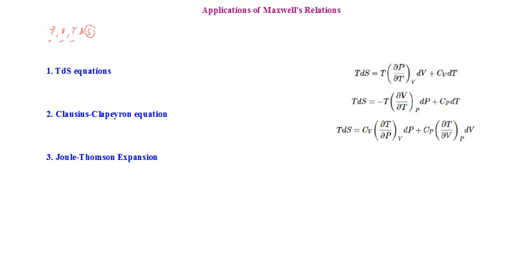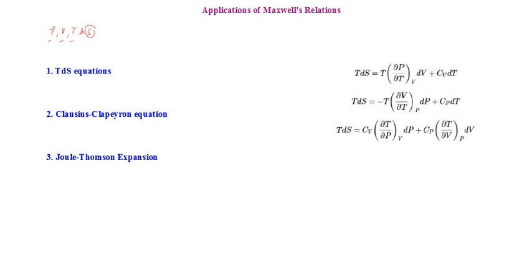Similarly, there are several phenomena in thermodynamics, and one such relevant phenomenon is known as Joule-Thomson expansion. So in all the three topics that we are going to discuss in the coming sessions, we will be applying one or more Maxwell's relations to arrive at useful conclusions.